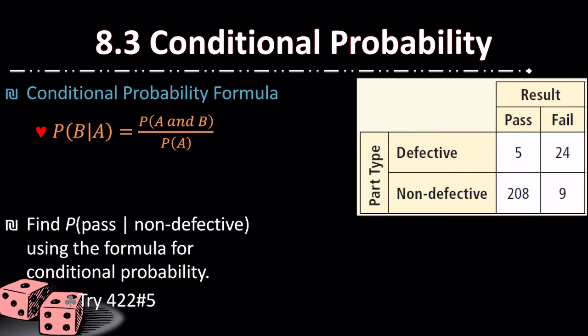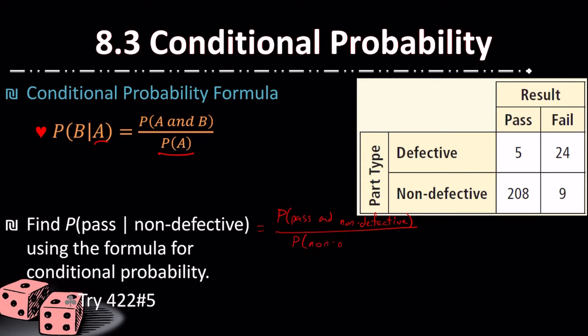So let's find the probability that we pass given that it's not defective using the formula. All right, so that would be equal to the probability that it passes and is non-defective over the probability of A. So that's the thing that we're given.